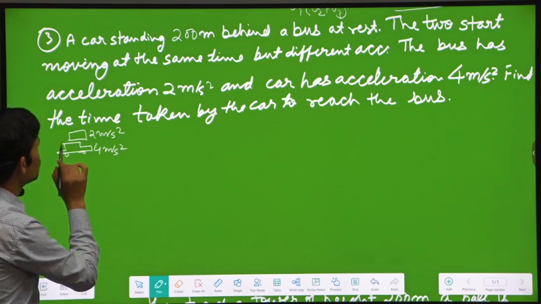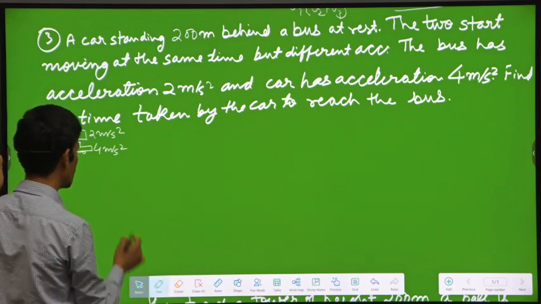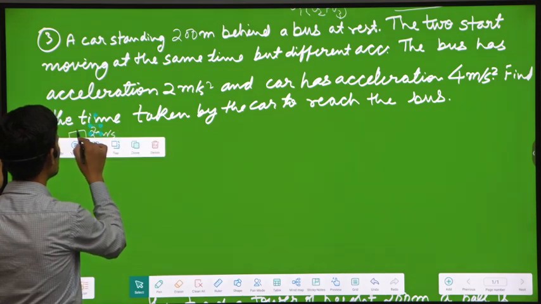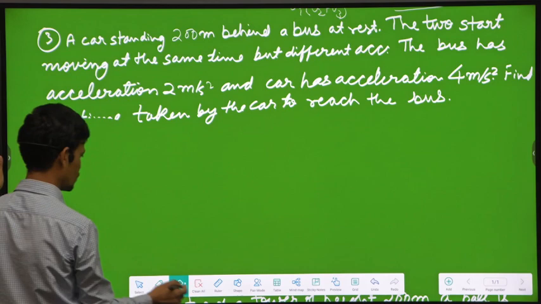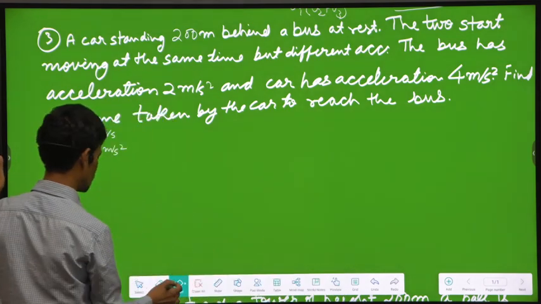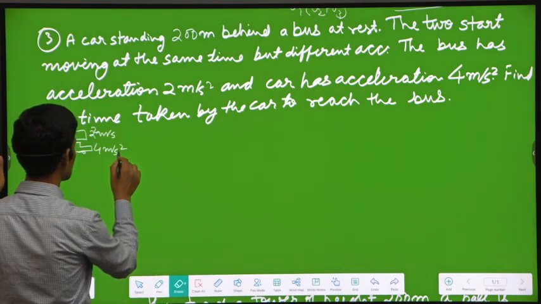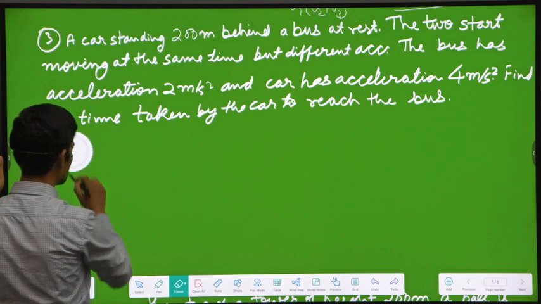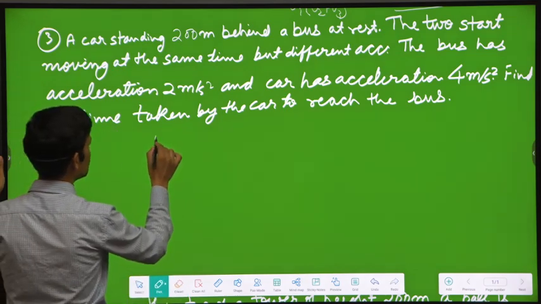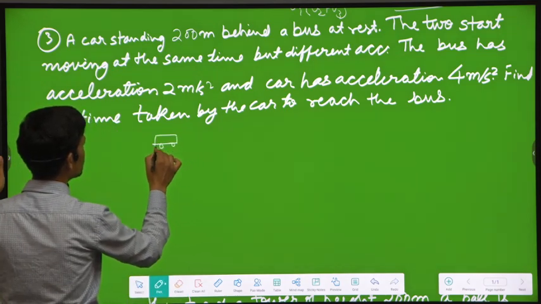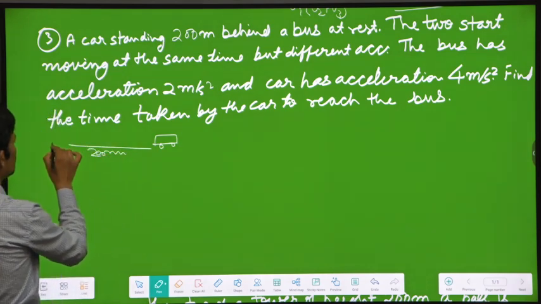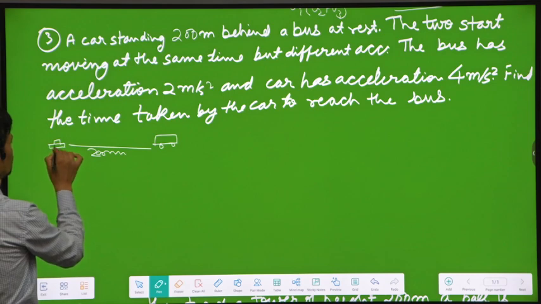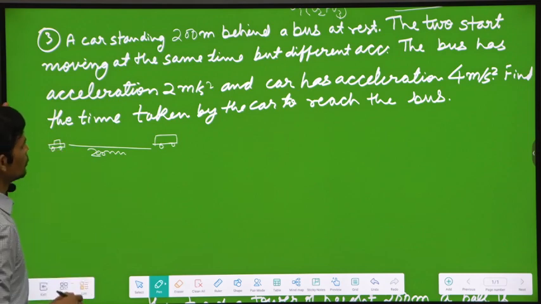The car is standing 200 meters behind. So there is the bus, and 200 meters behind there is a car. Now the drawing is correct.